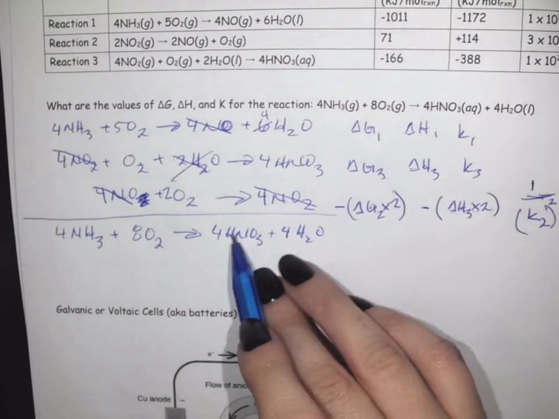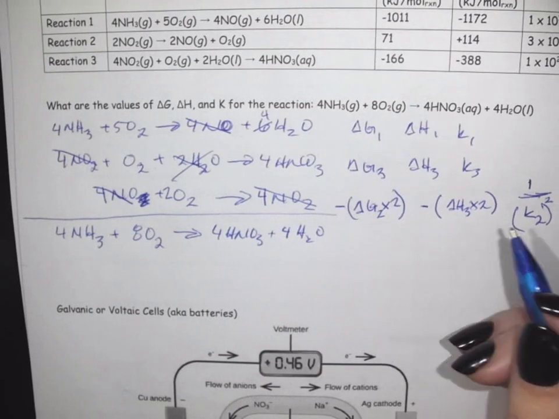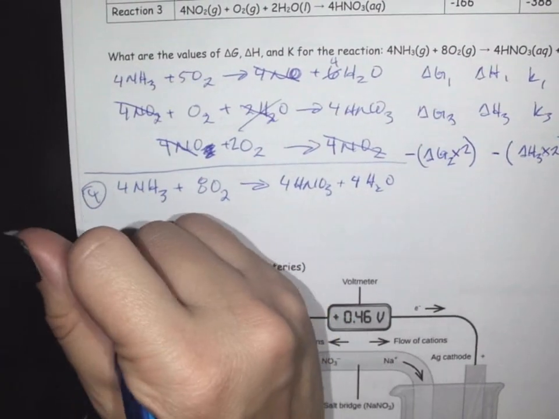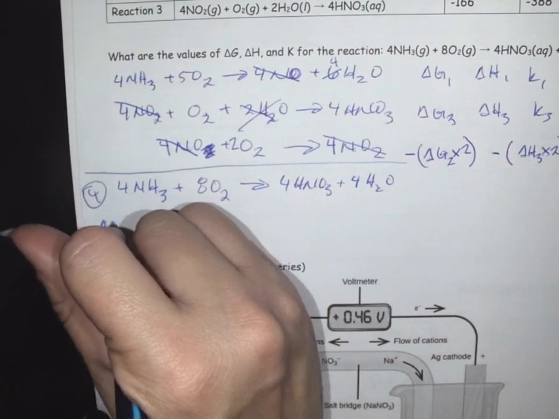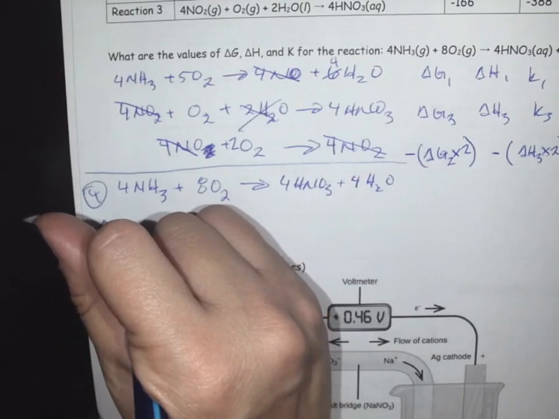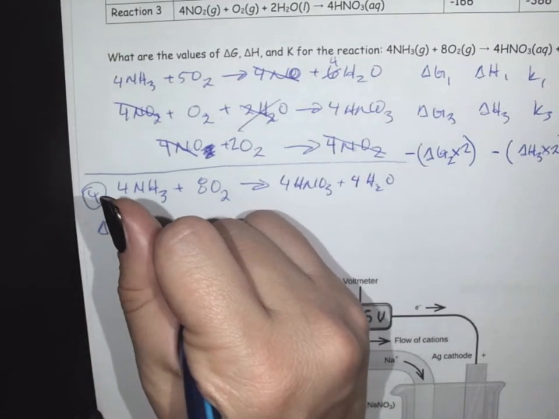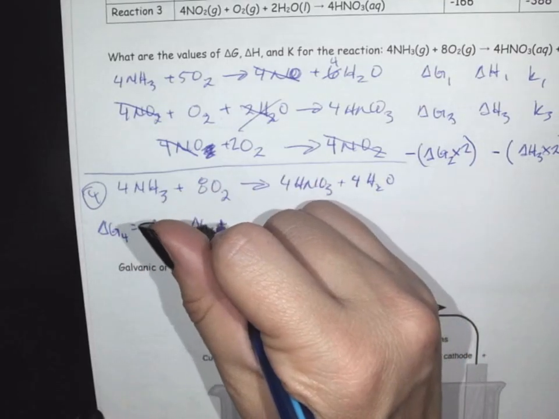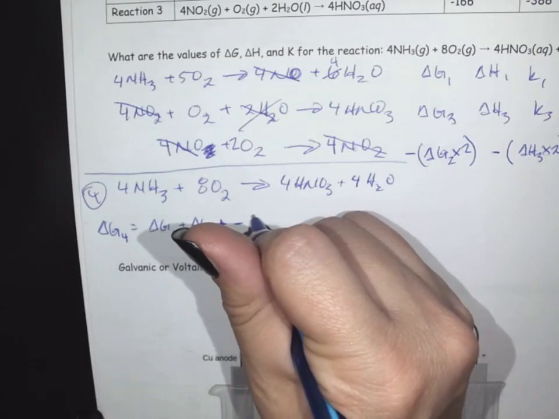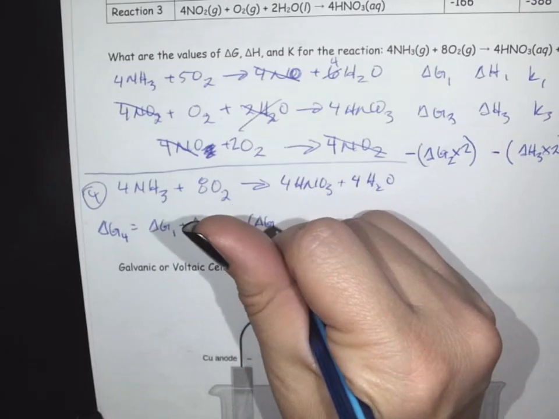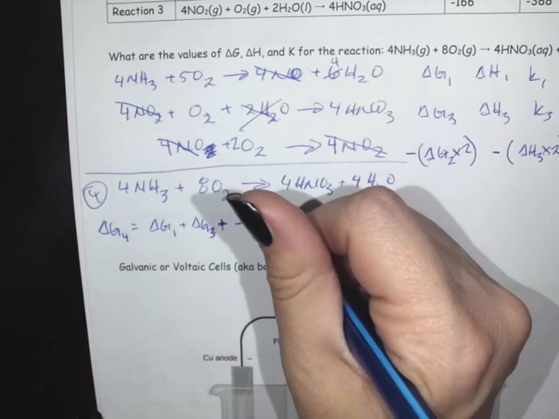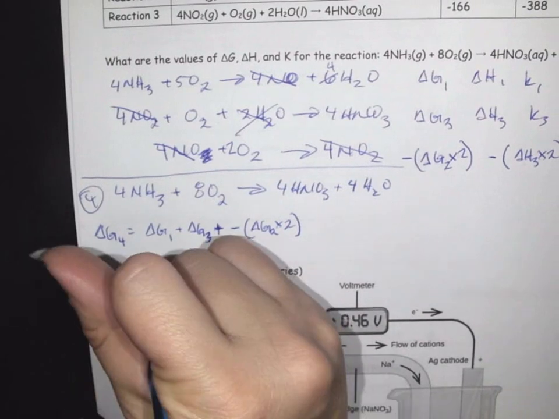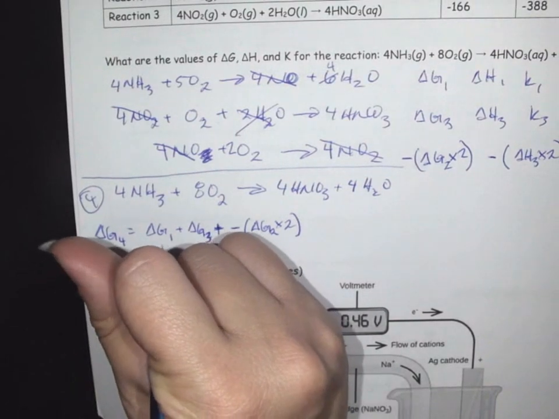So we do have this overall, which is wonderful. Now, how do we get the delta G for this fourth reaction? Well, to get delta G of this fourth reaction, we would take delta G1 plus delta G2 plus this negative, sorry, this is delta G3, delta G2 that we also multiply by 2. So it'd be negative 1011.